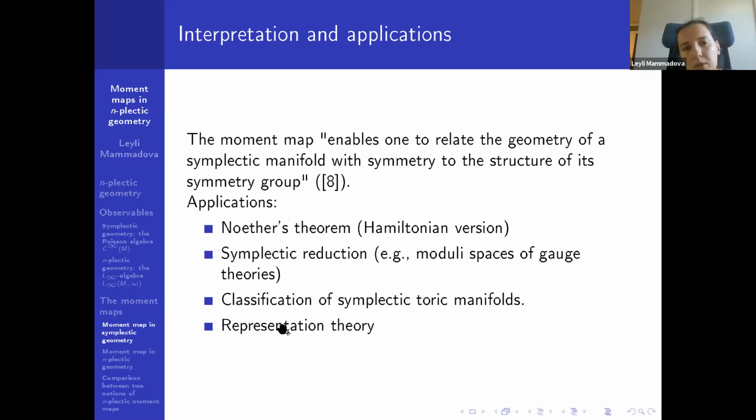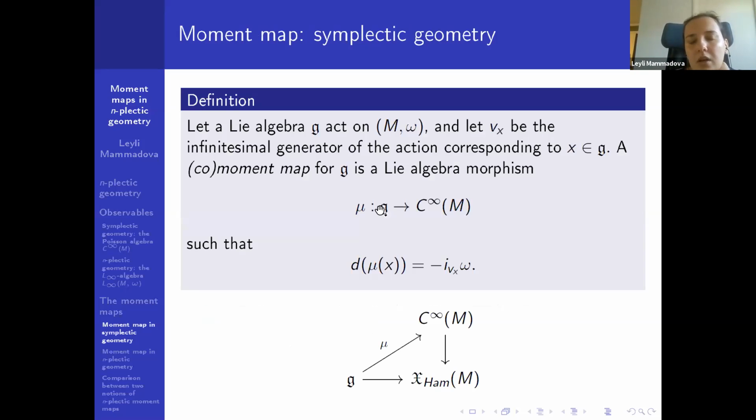Now, the applications of the moment map are ample, and I just list the following four. First, Noether's theorem, the Hamiltonian version. It says that for every x in G, the image of any element of the Lie algebra under this moment map will be conserved.